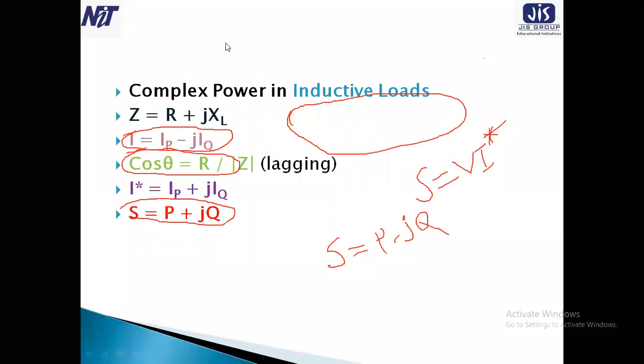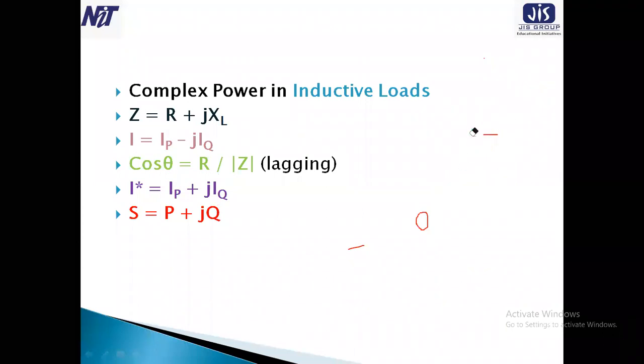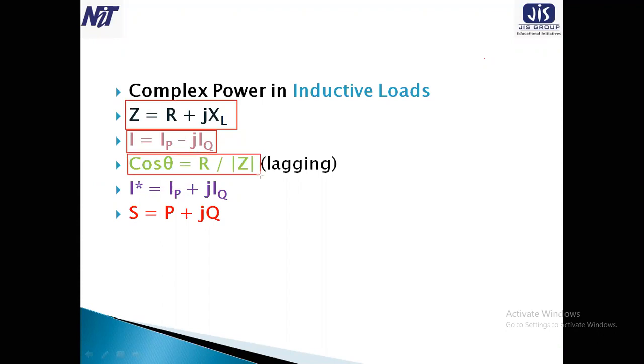Now, if it is an inductive load, then what will happen? For complex power in inductive loads, in the last part it was Z equals R minus JXC, but here it is Z equals R plus JXL. The current was positive for capacitive, but here it is negative, IP minus JIQ. And cos phi equals R by Z for lagging.